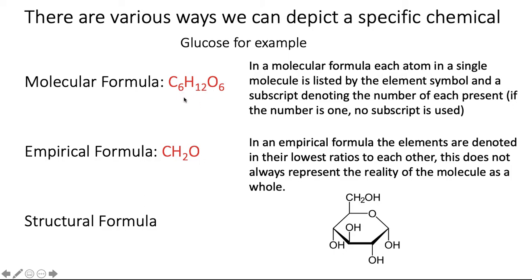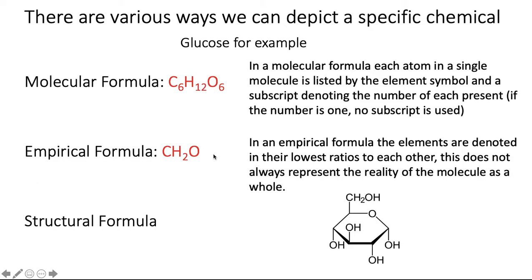I get 6 divided by 6, 1 carbon, 12 divided by 6, 2, and then 6 divided by 6 gives me 1. I cannot reduce this any longer. This is the lowest ratio of the elements to each other that I can get for this particular molecule. And when we do that, this is called the empirical formula.